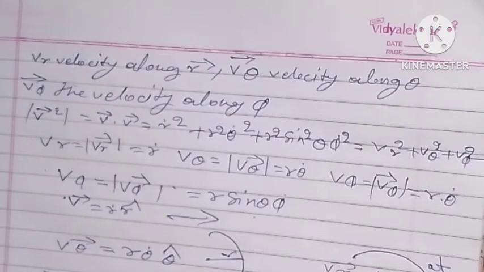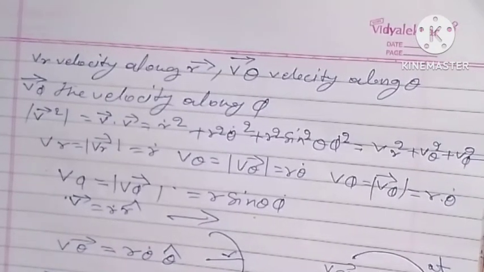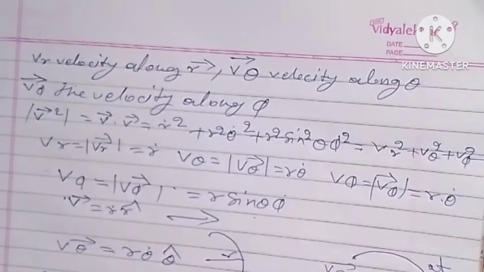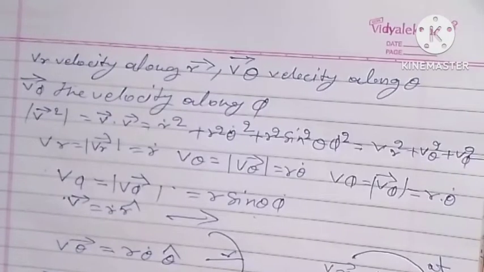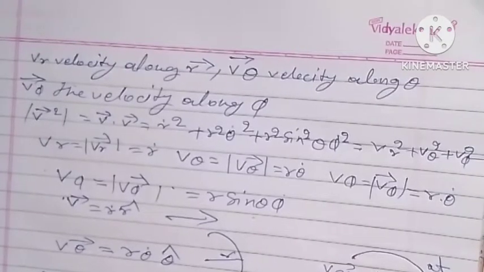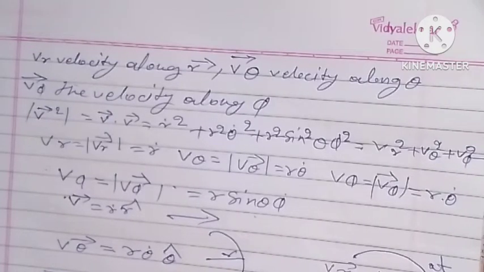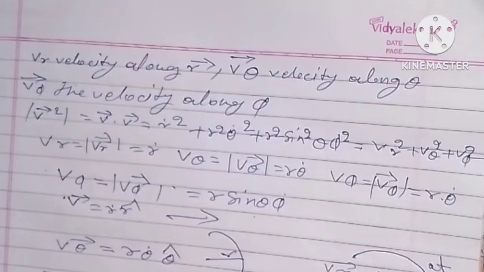The third component, r sin theta into differentiate of phi, is in the xy plane, perpendicular to the yz plane in which unit vector r and theta lie. r sin theta is the component of vector r in the xy plane, and r sin theta phi dot gives the angular velocity due to the rate of change of phi in the direction phi, perpendicular to vector r sin theta.